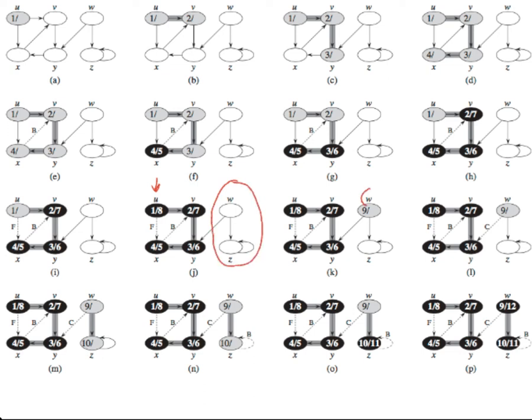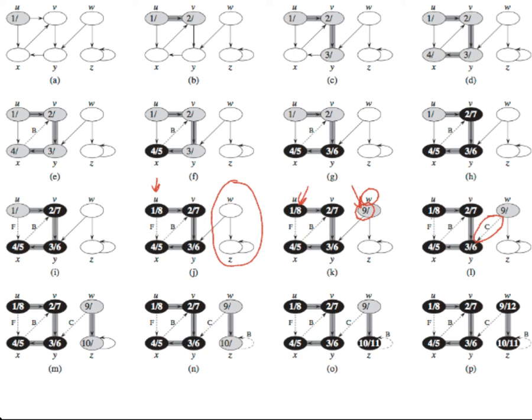We're going to start with W, and remember, time is a global variable, so we finished U at 8, now W is going to get discovered at 9. We follow an edge. Now, this edge right here is the first edge in W's adjacency list, and it goes to a vertex that's been processed. Now, the vertex is black.